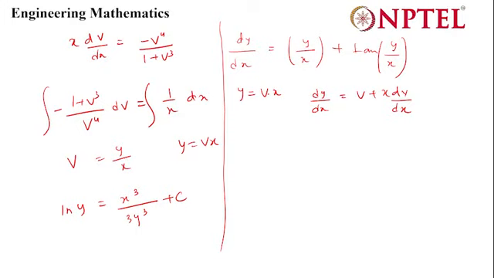Before that, tell me what will be the separable form of this equation. dv by tan v equals dx by x. Okay, this is correct.